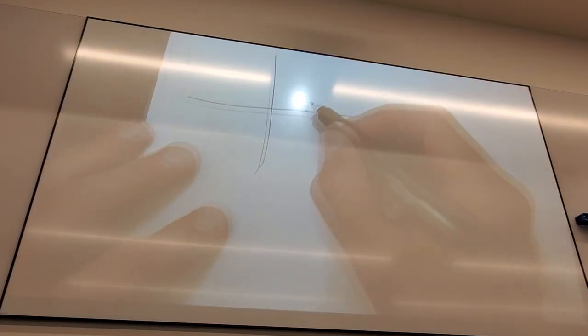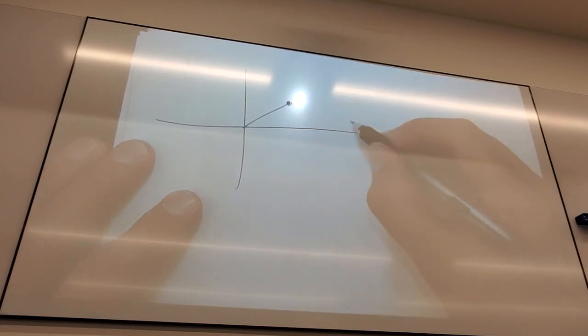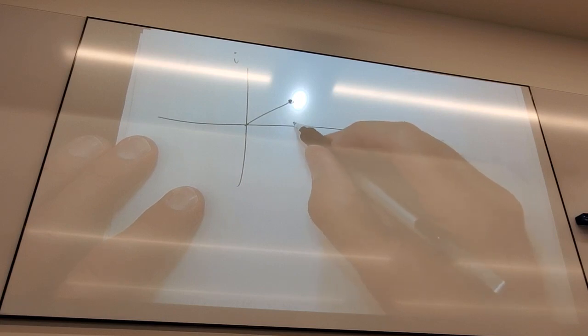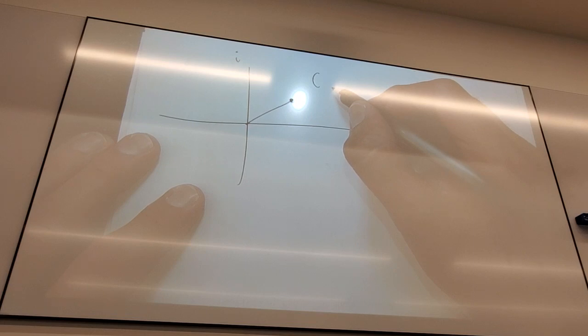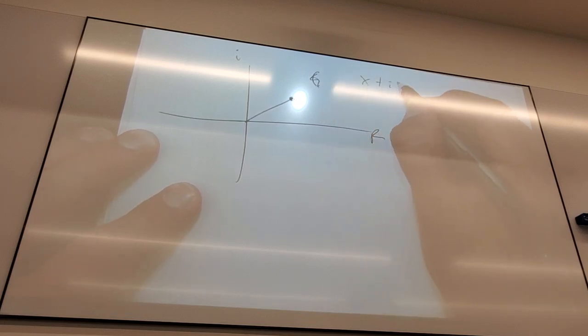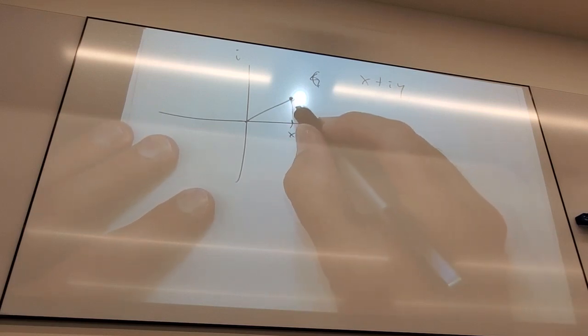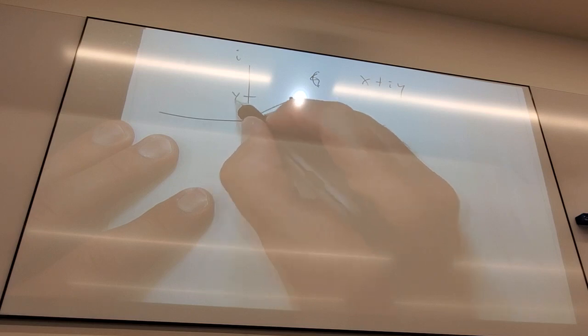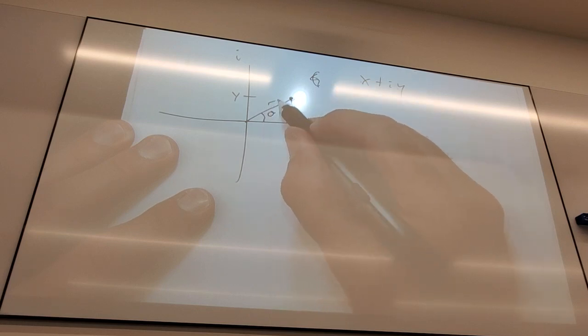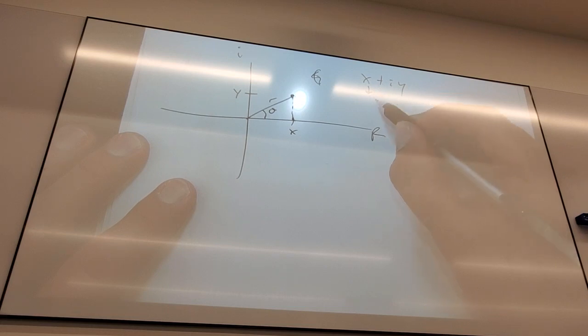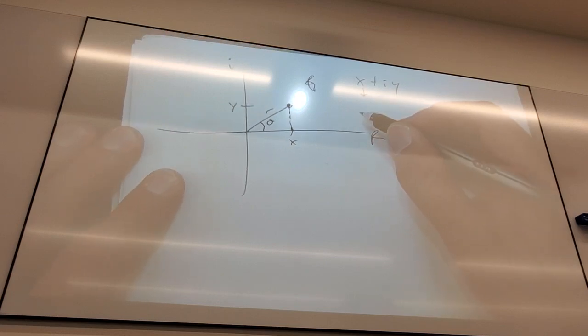So watch this. If I am given a point that represents a complex number, a point x plus iy, what's x in terms of theta and r?